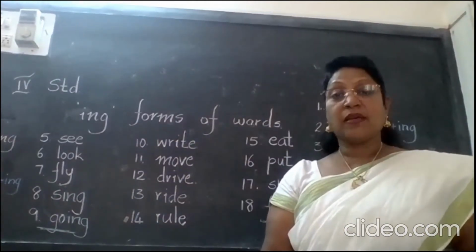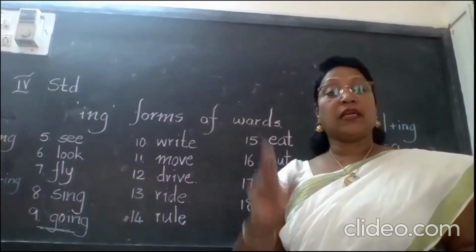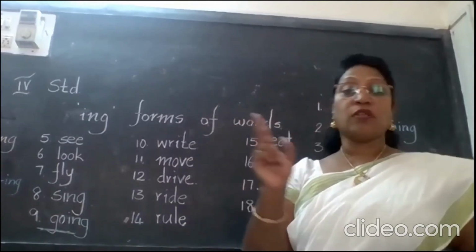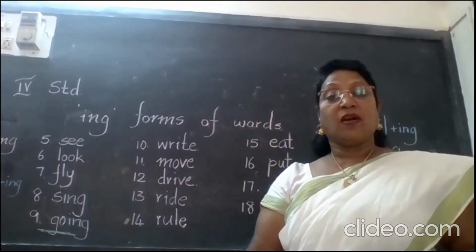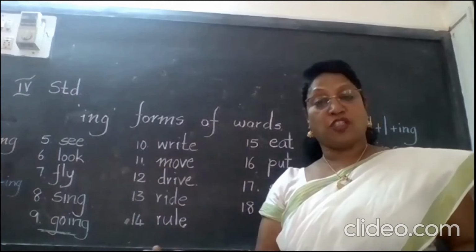Second step is if the last word is a consonant and before a consonant is a vowel, then you repeat the last letter, add one more letter and add ing.